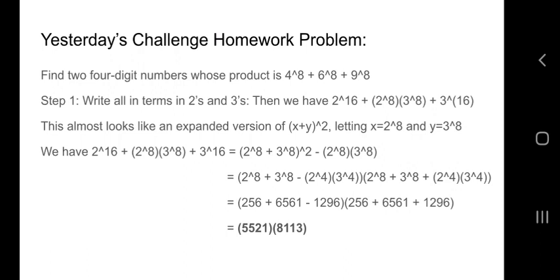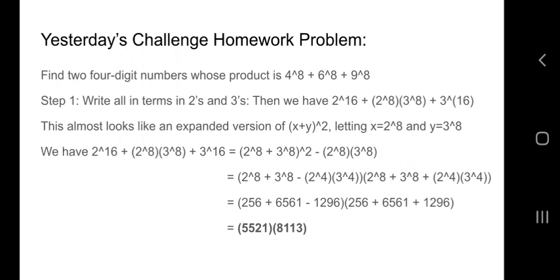But we only have 2 to the 8th times 3 to the 8th. So since squaring 2 to the 8th plus 3 to the 8th gives us 2 times 2 to the 8th times 3 to the 8th, we're going to subtract a copy of 2 to the 8th times 3 to the 8th to get just 2 to the 8th times 3 to the 8th. I hope that makes sense.